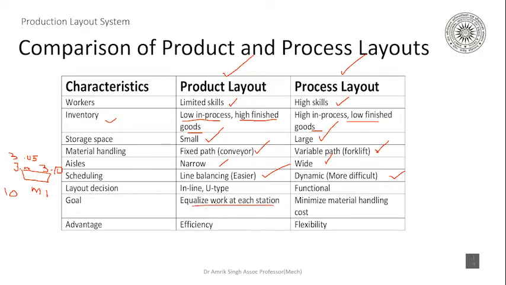So we have to equalize the work time at each station, and minimize the material handling cost in the case of the process layout because they need not move again and again. The advantage: efficiency, it is a very efficient type of layout, and here the flexibility. So we can arrange the machines according to the need. Okay, so it is flexible.